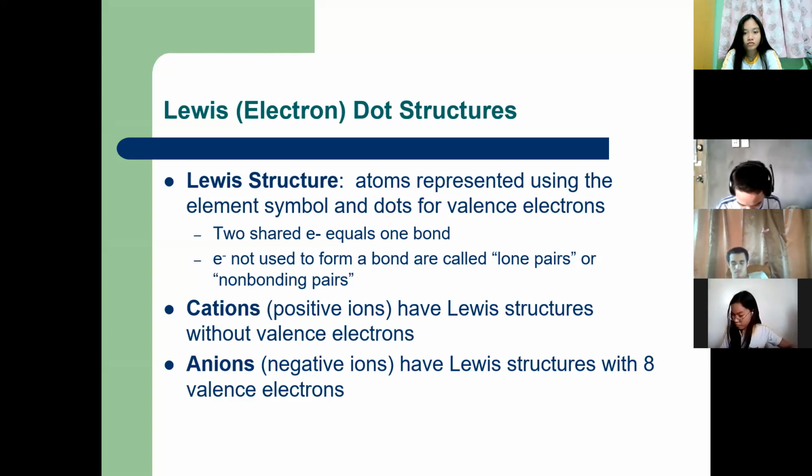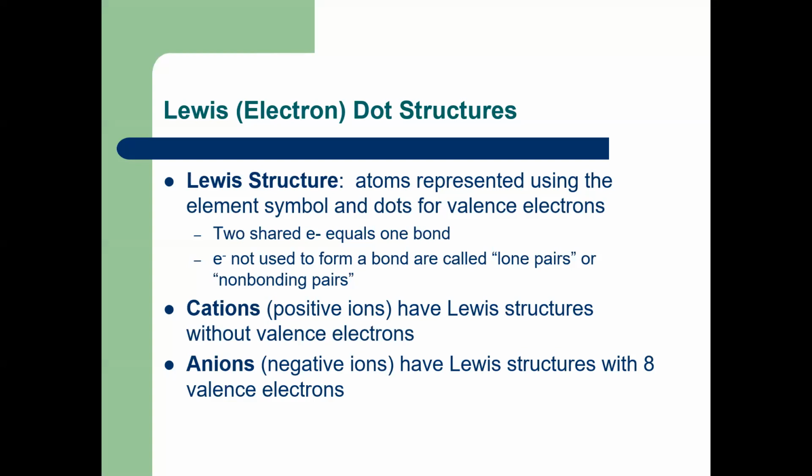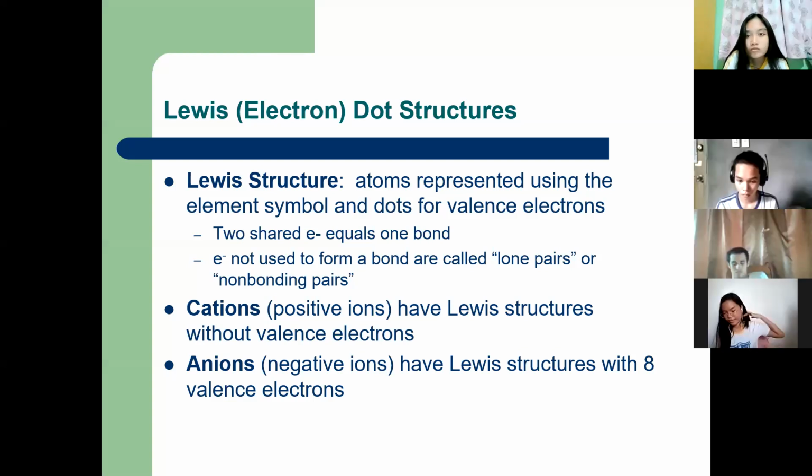But if we talk about the elements under the noble gases column, neon belongs to group 8. So how many valence electrons are present in neon? Still 8.